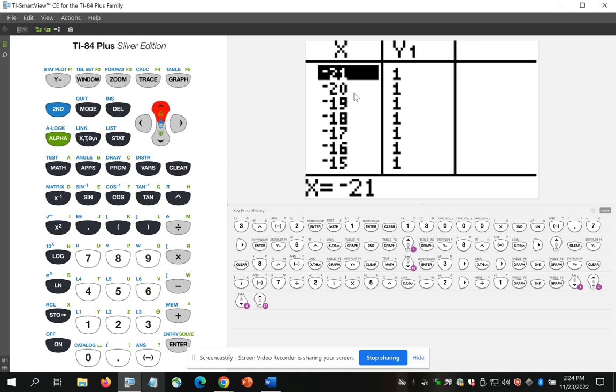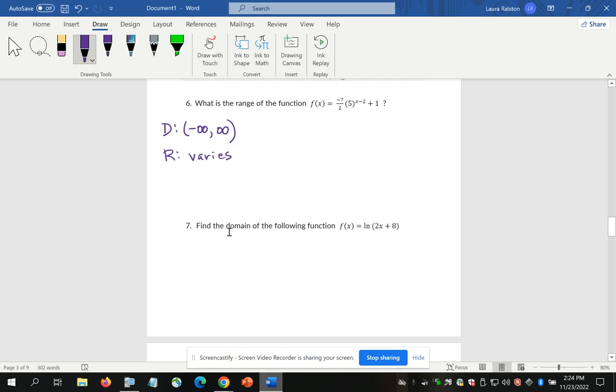You can kind of keep running the numbers there. So my range here runs from negative infinity up to 1. And the 1 is really not included. There's an asymptote there. It doesn't really show that on your calculator, but there is. Okay, so it should be open brackets on either end.